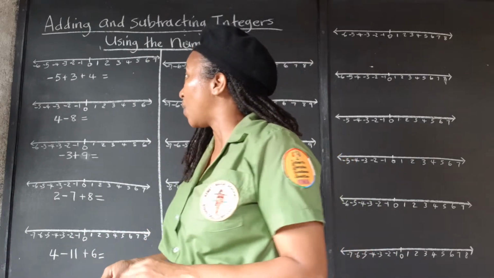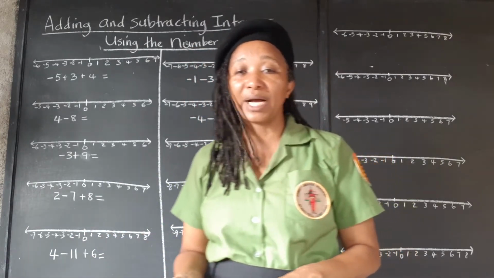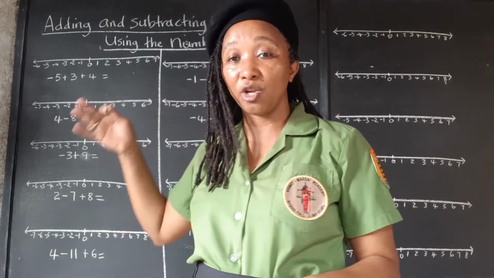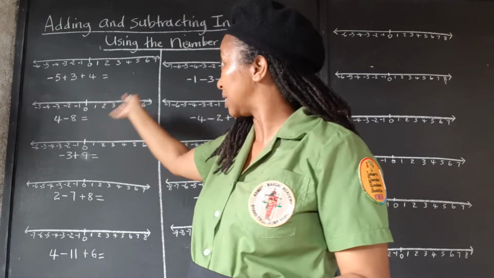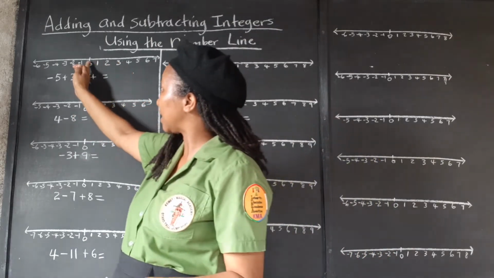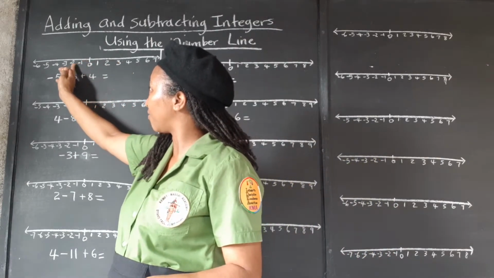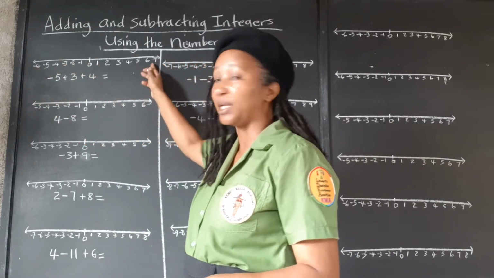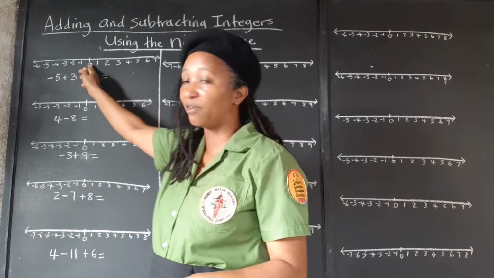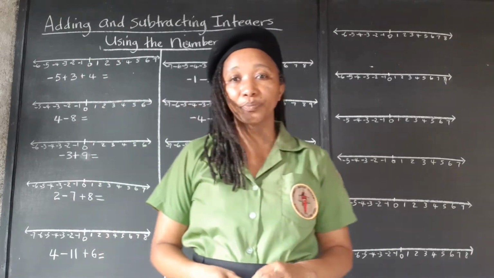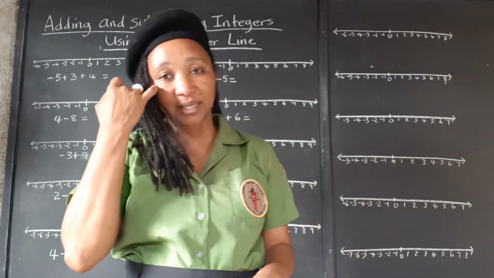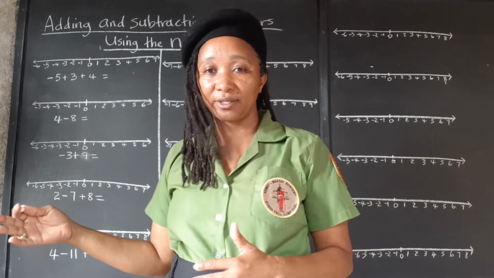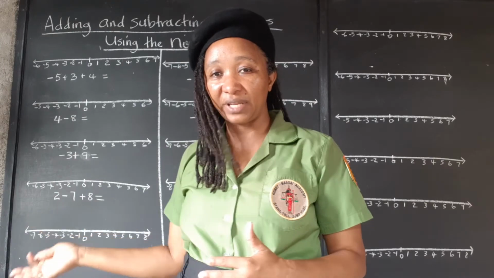Right? So when we're adding and subtracting integers, a good way to demonstrate that is using the number line, which shows the integers. So this indicates negative numbers going to negative infinity, positive numbers going to positive infinity, and of course 0. The idea is, when you're adding, you move to the right, towards positive infinity.